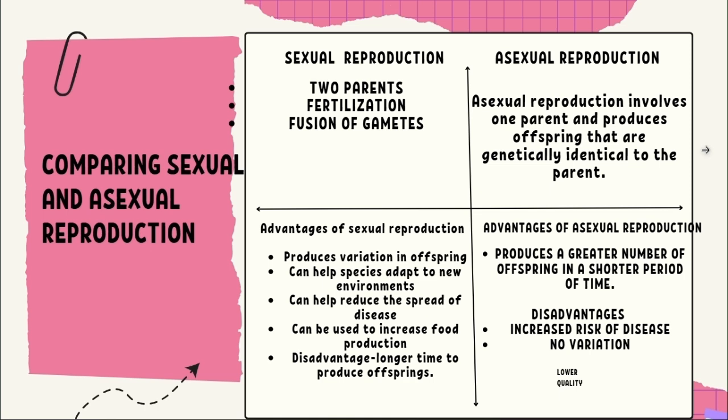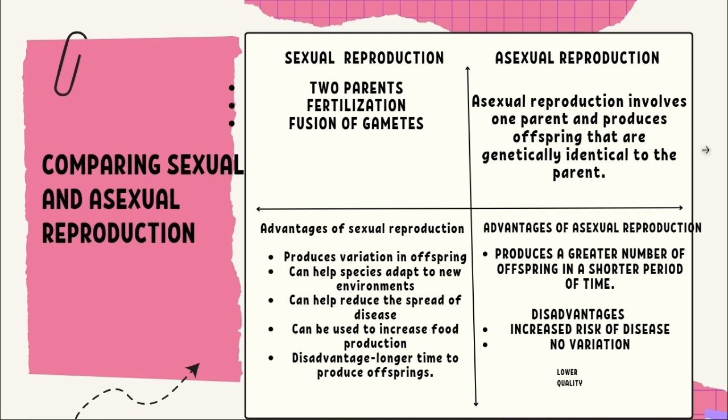When I say identical, I mean identical, like identical twins. The parent and the child look exactly the same. So with asexual reproduction, there is no variation. There is no variation at all. So that disadvantage of asexual reproduction is actually an advantage of sexual reproduction.